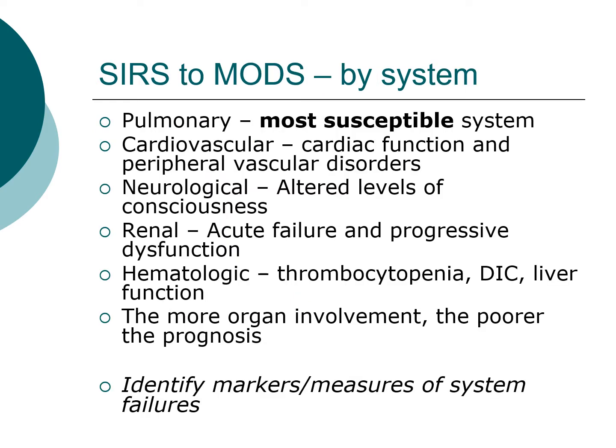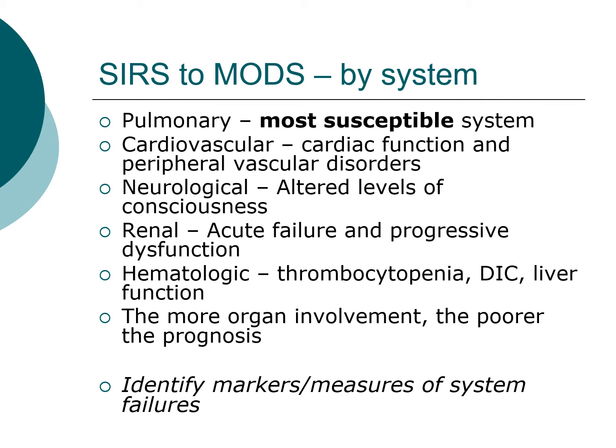From inflammation to multiple organ dysfunction, let's look at some system-to-system issues. The pulmonary system is probably our most susceptible system. It's very delicate. The alveoli are only 1 or 2 cells thick, so they're bathed in any cytokines or inflammatory mediators or infection. So they're our most susceptible, and obviously we have to watch for ARDS with that.